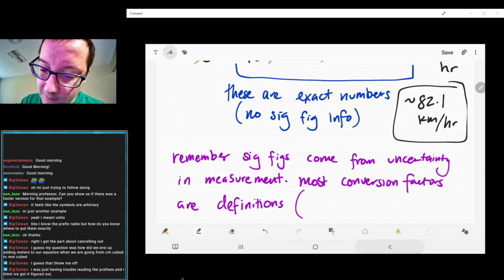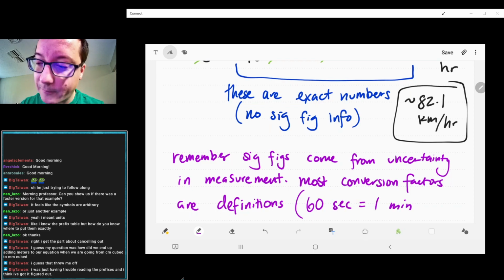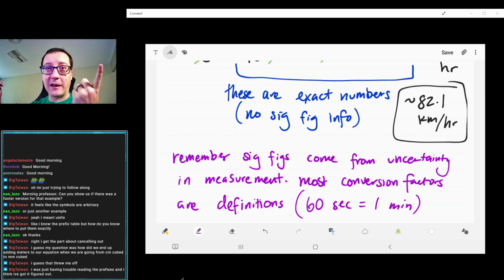For example, 60 seconds is 1 minute. Nobody is measuring 1 minute compared to 60 seconds somehow and finding them to be different. These are defined. 1 minute is defined as being 60 seconds. Nothing is being measured here. This is a definition. Same thing as a kilometer being 1,000 meters. That is a definition. There is nothing being measured there.